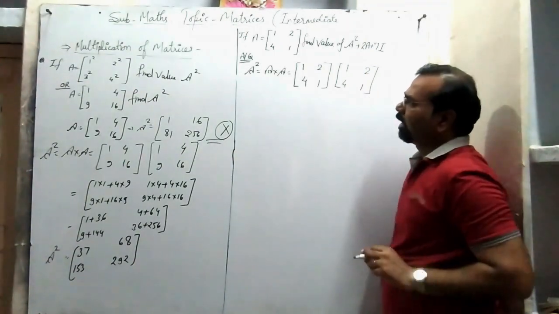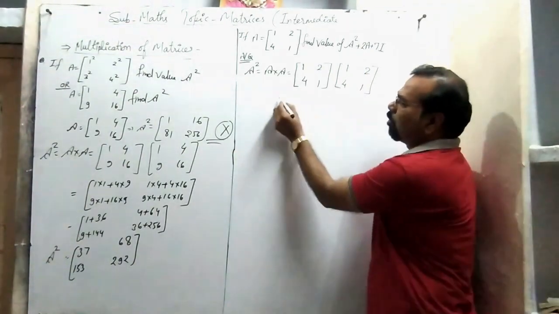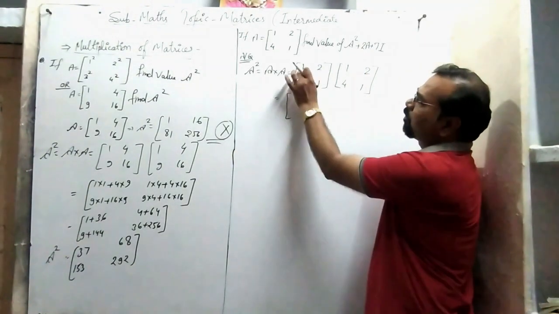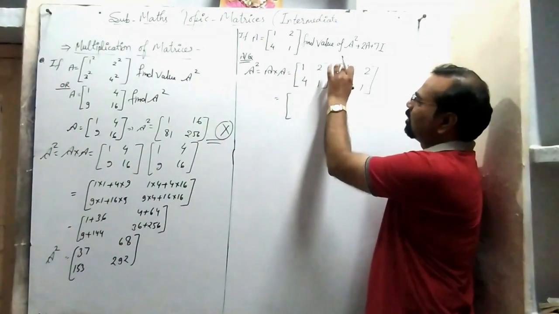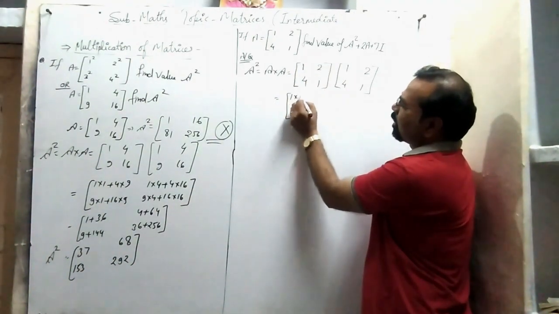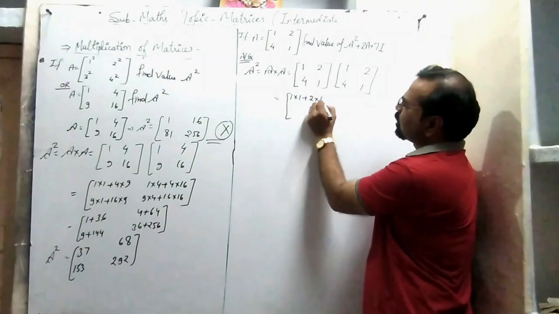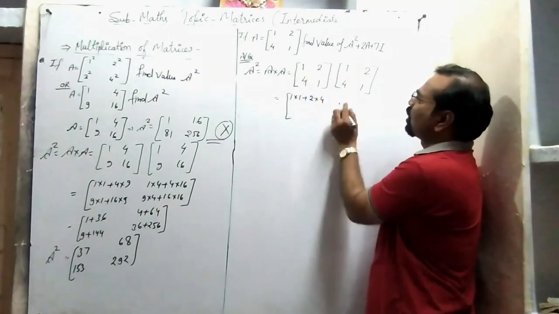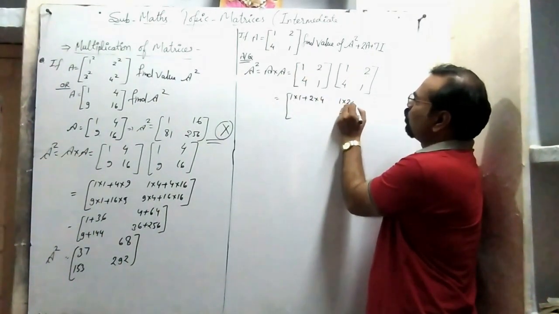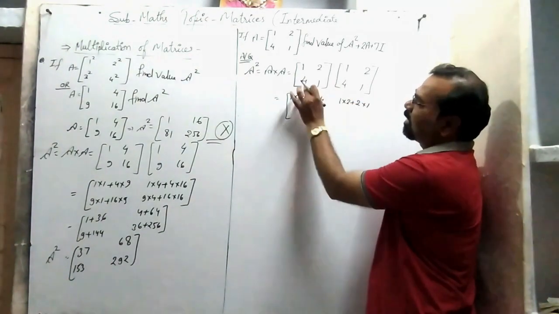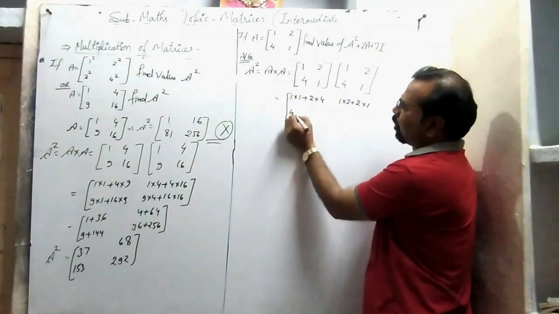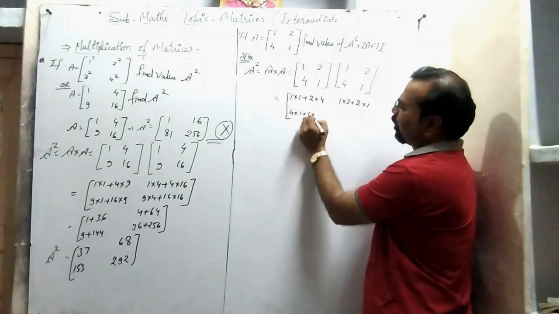Any doubt? Okay, A cross A means what we can do? Simply multiply. It means first row and first column: 1 cross 1, 2 cross 4. First row second column: 1 cross 2 and 2 cross 1. Then second row and first column: 4 cross 1 and 1 cross 4.